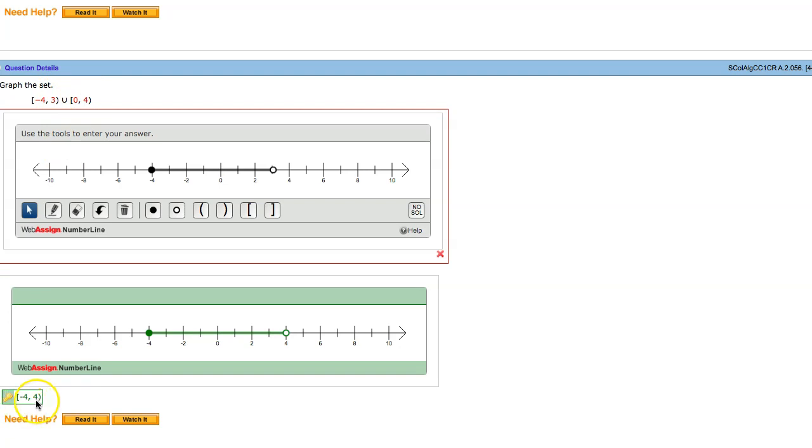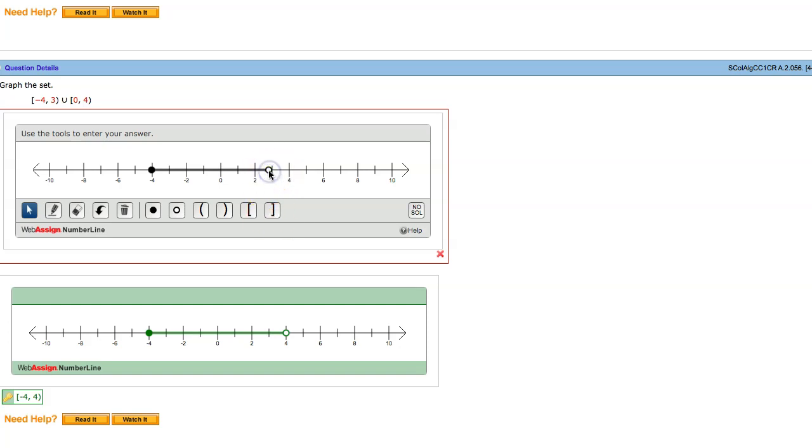So -4 to +4. And as far as bracket or parenthesis goes, you just adopt whatever that guy has. -4 had a bracket, so we put the same old bracket on it that it had. +4 here had the parenthesis on it, so we put the parenthesis that it always had.